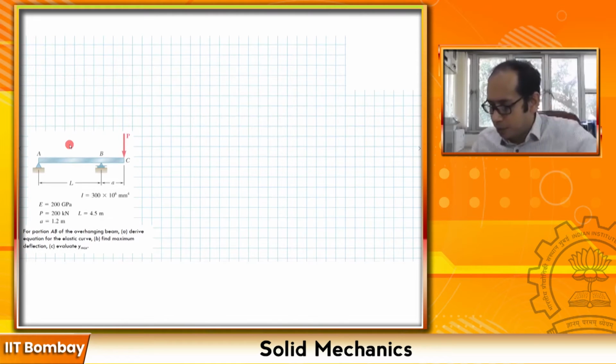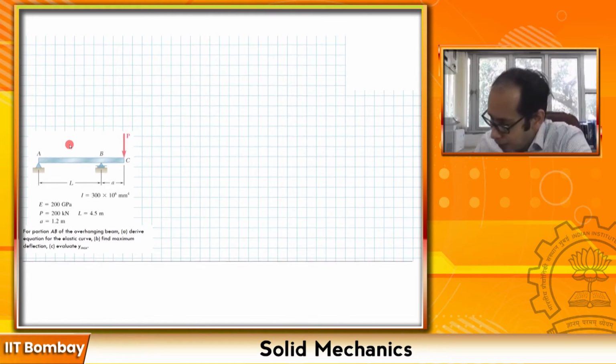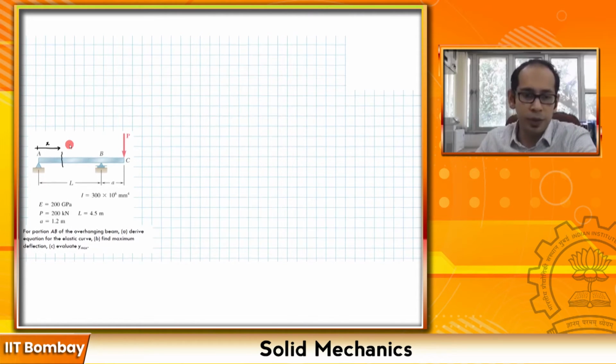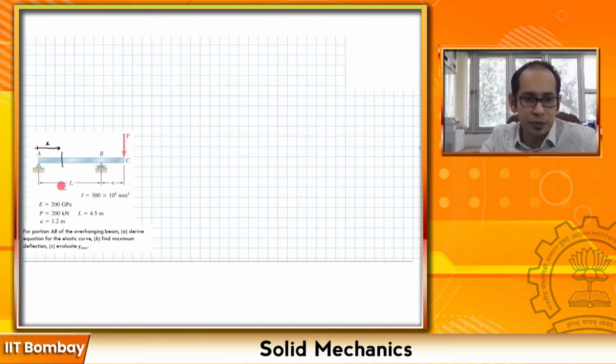So in this problem as well, if we go ahead and take a section somewhere over here, say at a distance x from the left end, and write the expression for the moments over there, to write the expressions for the moment you would need to find the reactions first. So this is already solved. I will write the reactions over here.